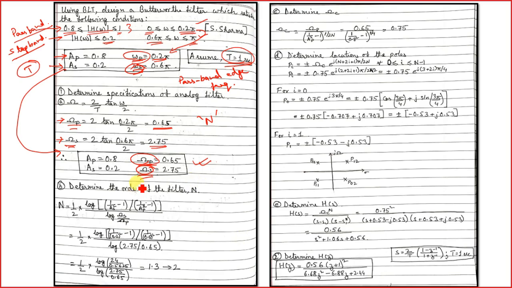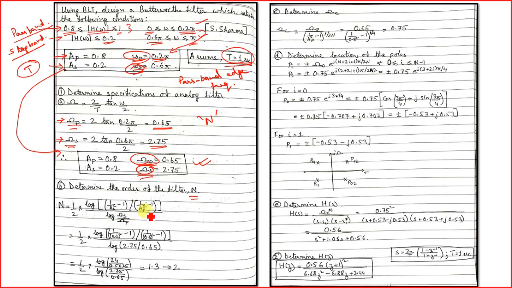Okay, now the order of the filter n is given by 1 by 2 log of (1 by as square minus 1) divided by (1 by ap square minus 1), the whole divided by log of omega s by omega p.